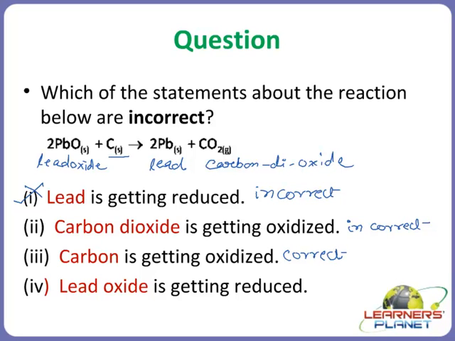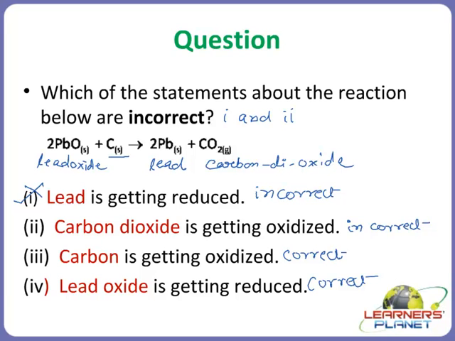Likewise, lead oxide is getting reduced. See here, removal of oxygen is also called reduction. So this is also the correct statement. So what are the two incorrect statements? First and second.